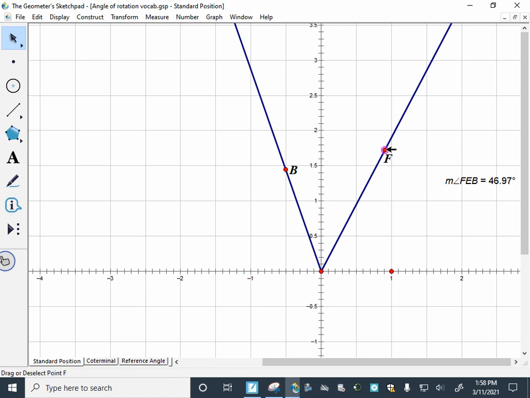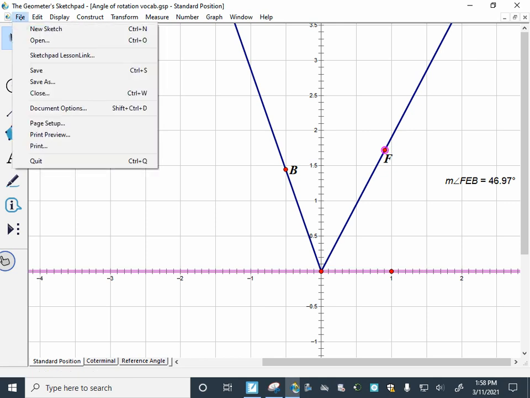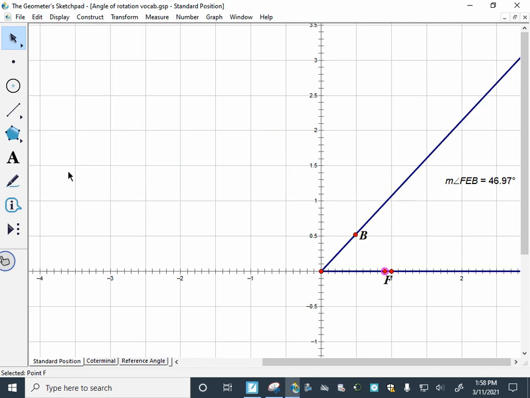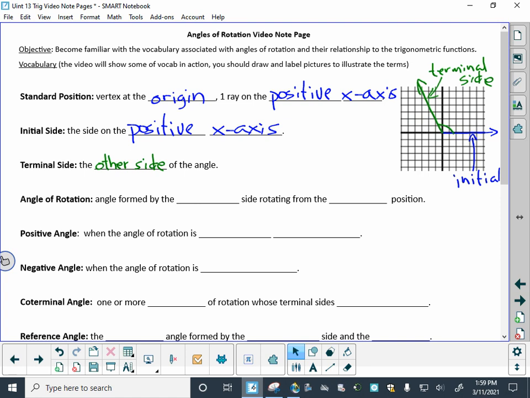So I'm going to move this point on that ray down onto here, and I think that's done with this command. And now here is what my 46.97 degree angle looks like when it is in its standard position. It is congruent to where the angle was before, but this is going to enable us to do some other things with it and refer to it as an angle of rotation.